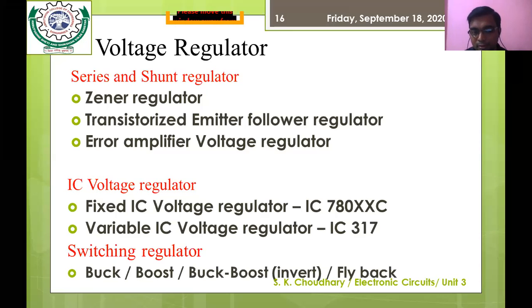Another type of regulators are the switching regulators, like the buck converter, buck-boost, or flyback converters.